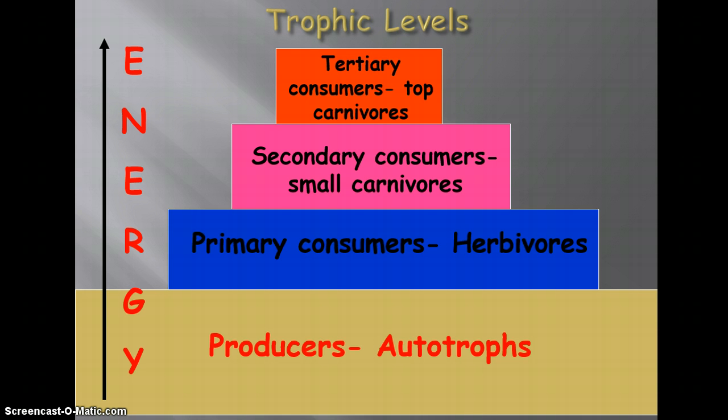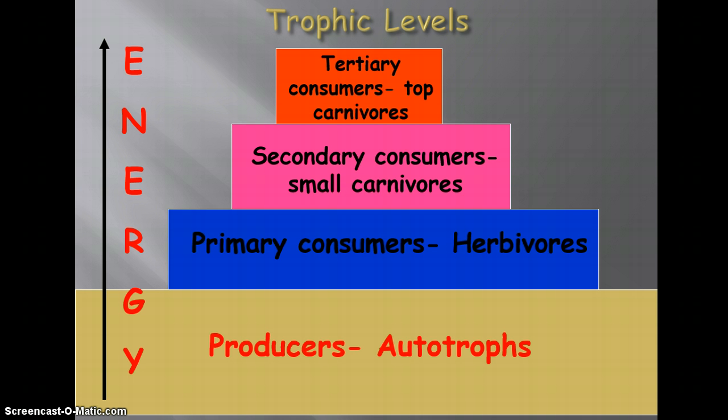The primary consumers eat the producers, but they only get 10% energy from the producers because the producers had to use that food to stay alive. So if the producers were at 100%, the primary consumers get 10% of that. The small carnivore or maybe even omnivore type animals will eat the herbivores. There was 10% of energy available to the herbivores, but they had to use some of that to stay alive.